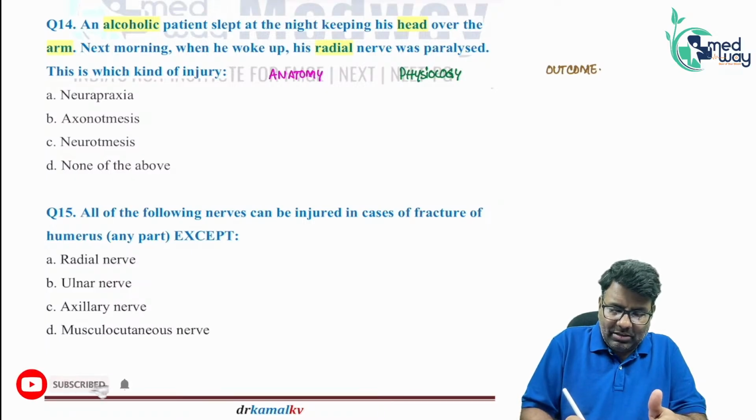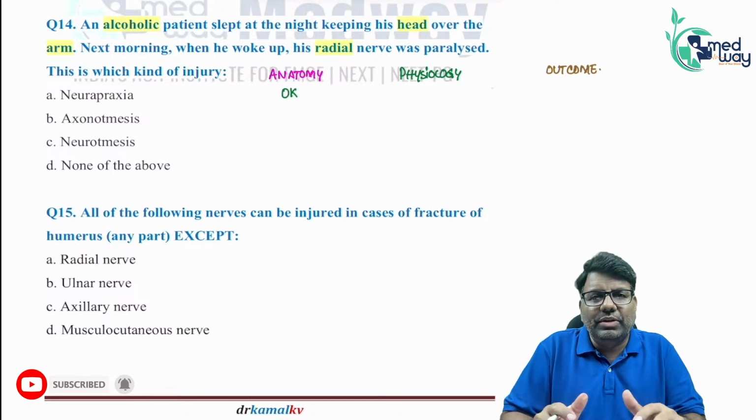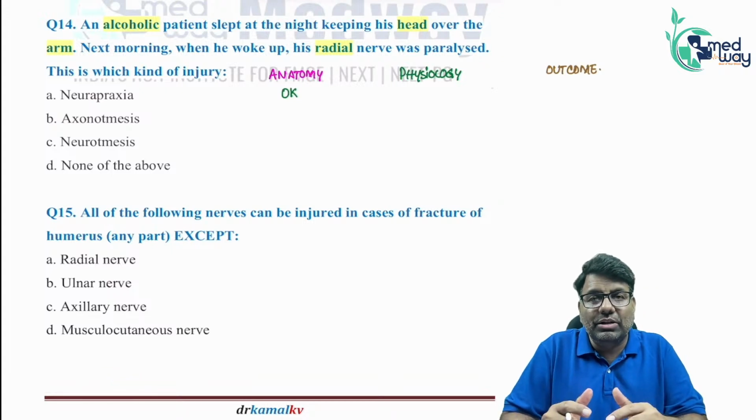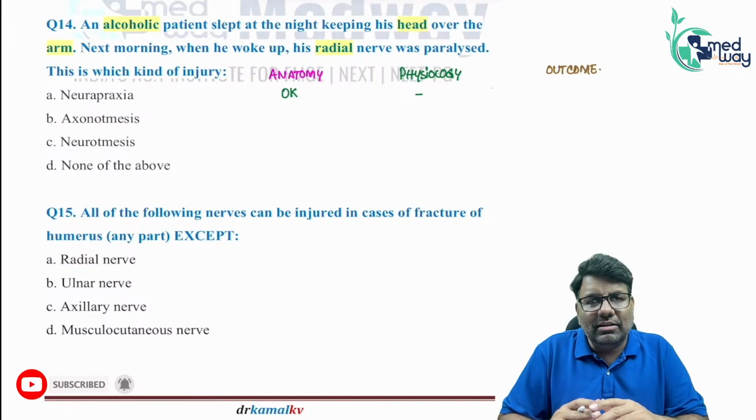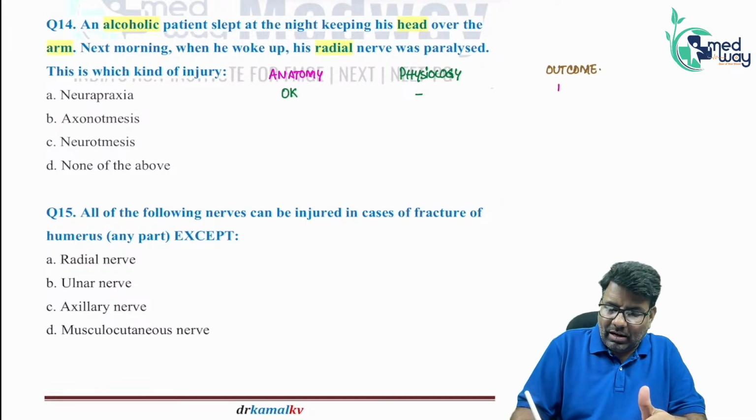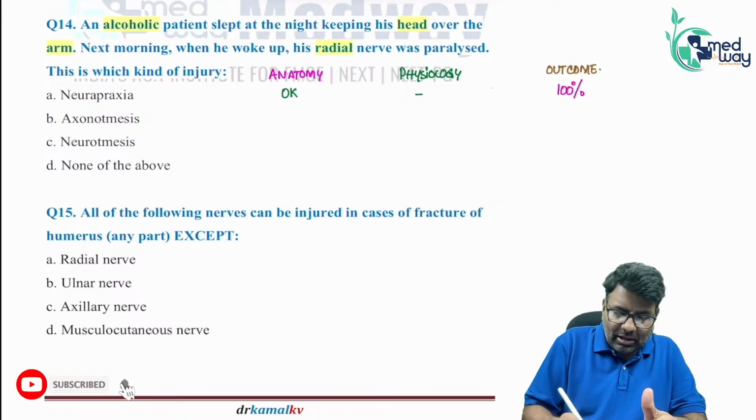The anatomy is okay, there is no structural injury to the nerve, but yes, physiology has gone. Since there is no anatomical damage, we can expect 100% recovery. So this is the case here.